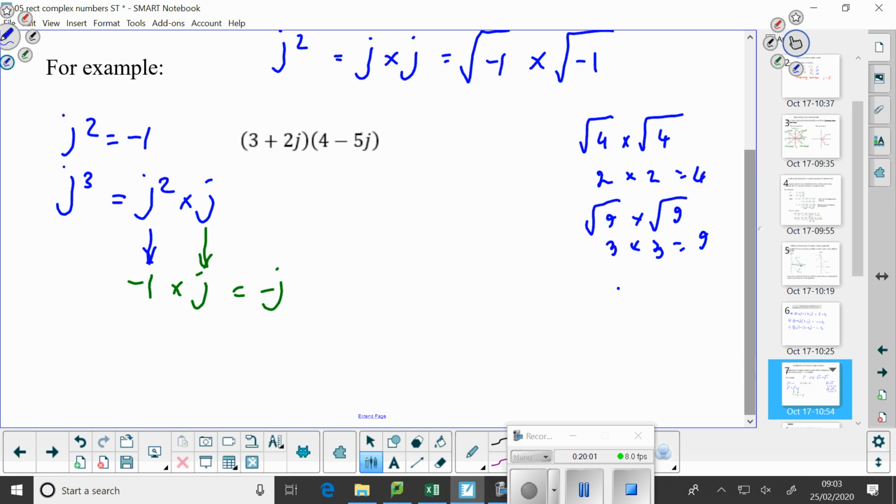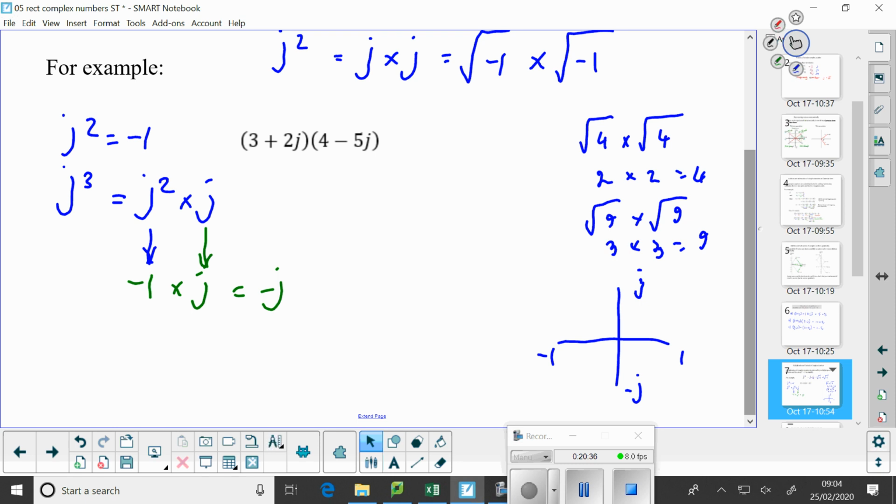On the Cartesian axis, we've got positive whole numbers there, minus whole numbers on the left, on the left to right axis, plus j upwards, minus j down. You then multiply by j again. Minus j times j would be 1. Alright?